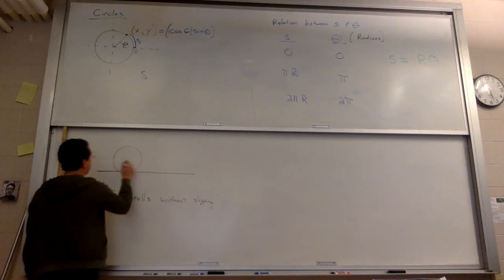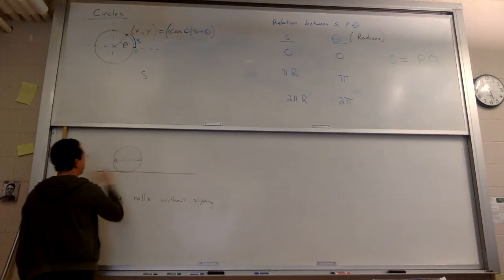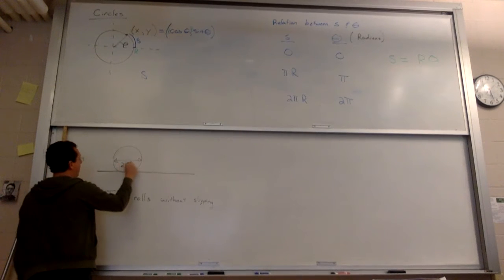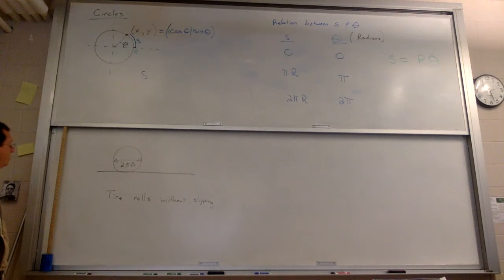And let's say the diameter of the tire is 2.5 feet. Why 2.5 feet? Because I'm a jerk.